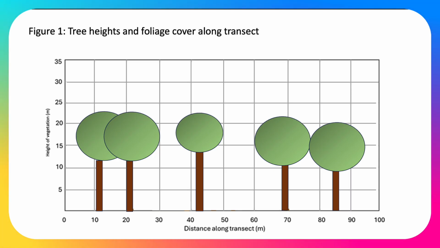Then here we've got another 10, another 5, so 25, 30, that's 40 meters now. And now we've got 60 to 70 to 80 to 90, that's another 35. So that works out to be 75 meters out of 100, so that's 75%.